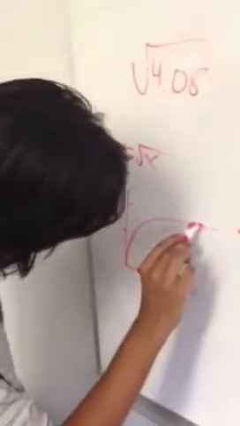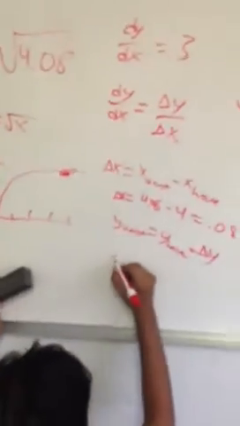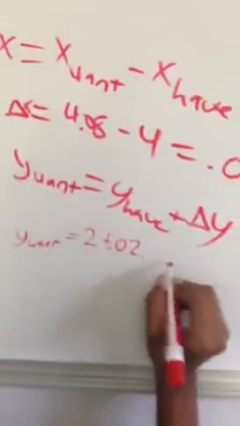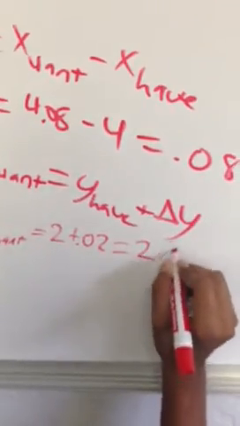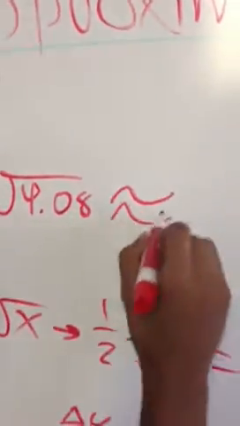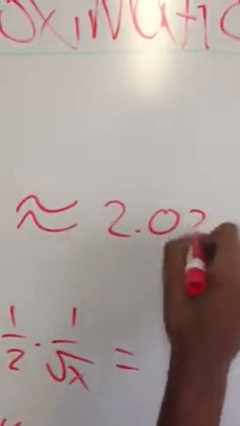Delta y is 0.02. Assuming this function here was just a line, it would go up by 0.02 units. Now let us plug it back into here. The y value we want, y want, is just 2 plus 0.02, simple addition, 2.02. Then we say root 4.08 is approximately 2.02.